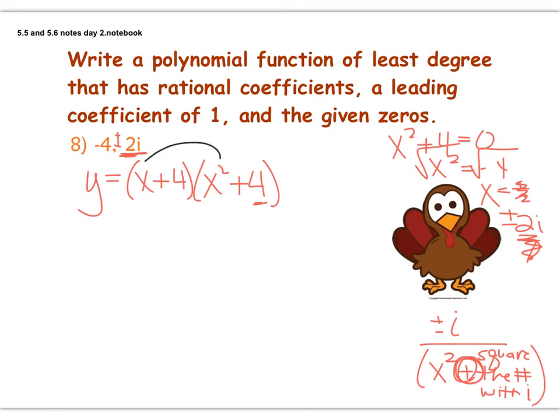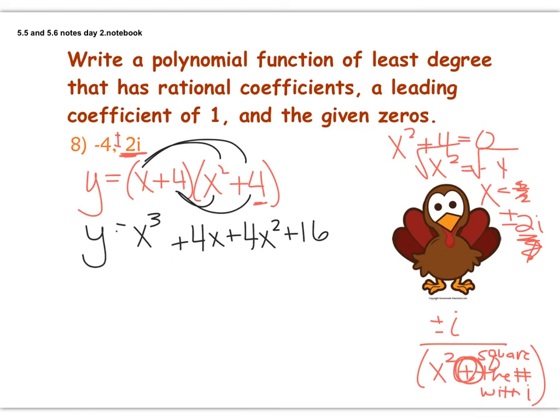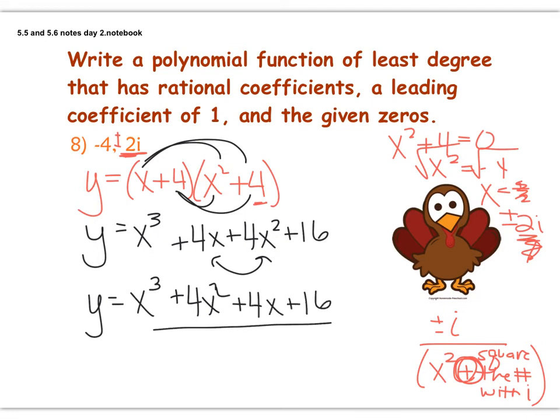We will distribute. So we get x cubed plus 4x plus 4x squared plus 16. I don't see any like terms, but again, these are in the wrong order. So y equals x cubed plus 4x squared plus 4x plus 16.